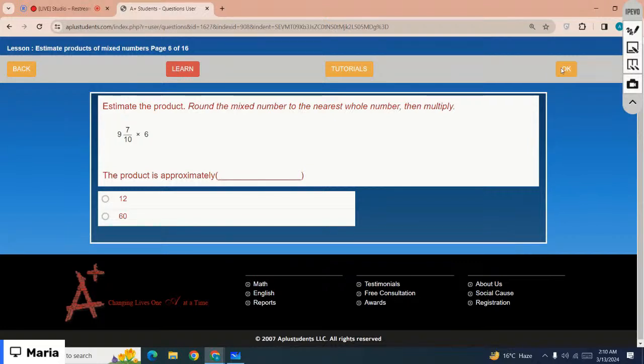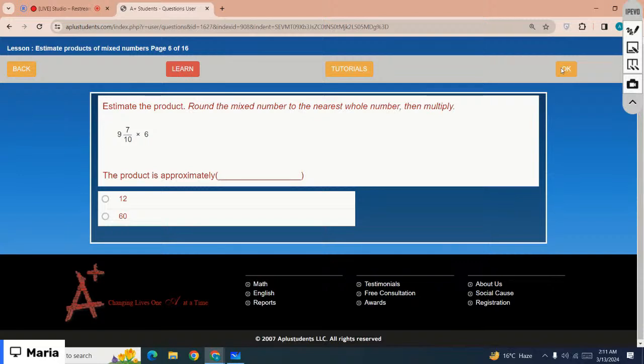9 whole 7 over 10 times 6. Which is the correct option? Yes, 9 whole 7 over 10 is rounded off to 10.